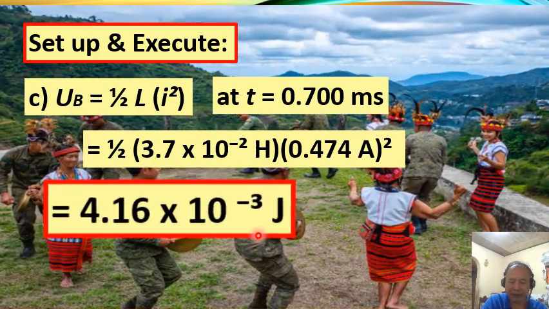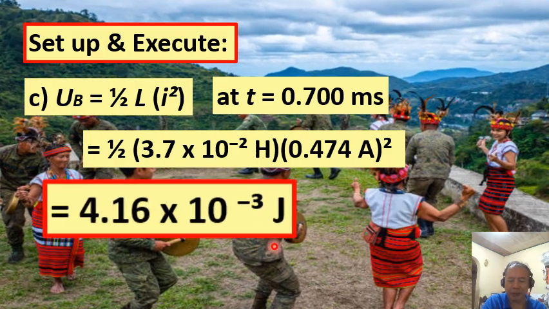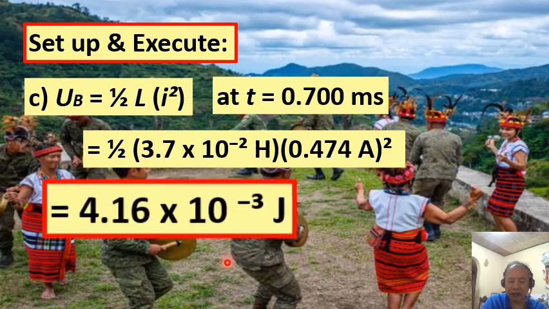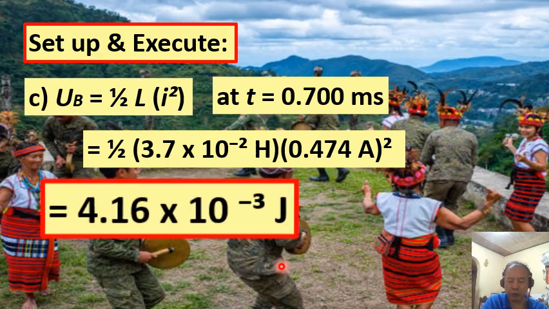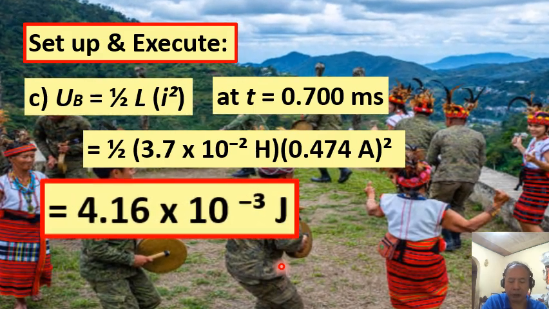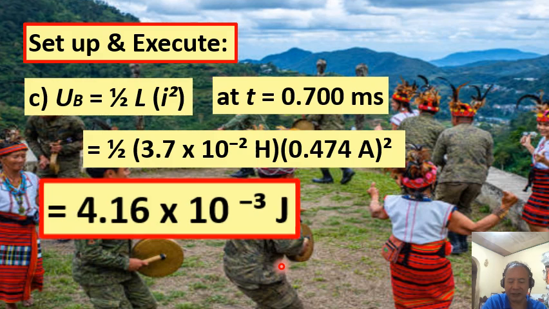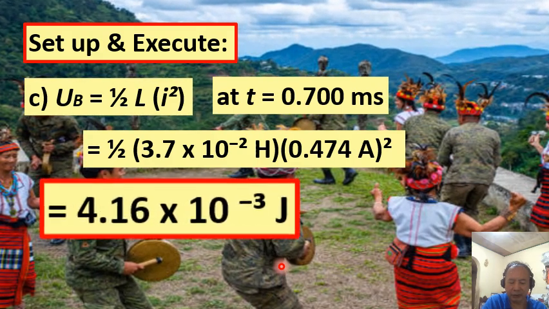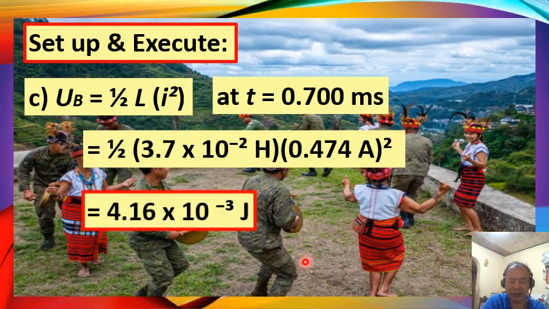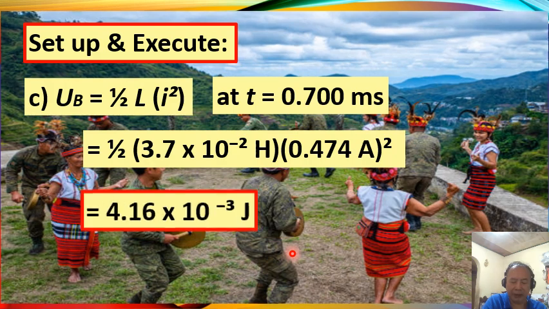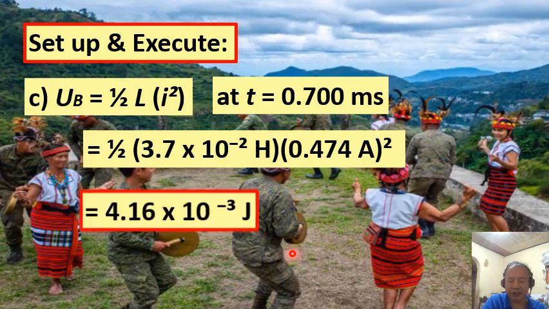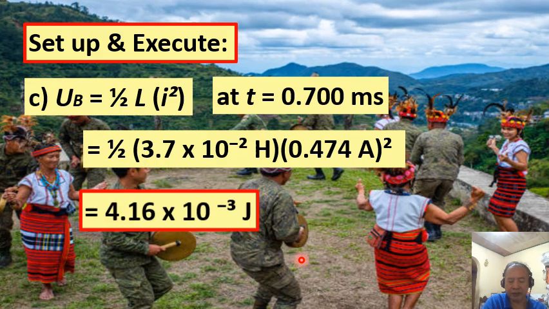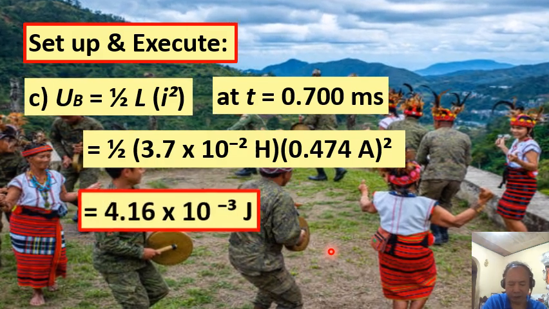So take note, this energy is being dissipated not in the inductor, since the inductor is assumed to be an ideal coil with no internal resistance, but rather it is in the external resistor, big R, where the energy is dissipated as thermal energy.